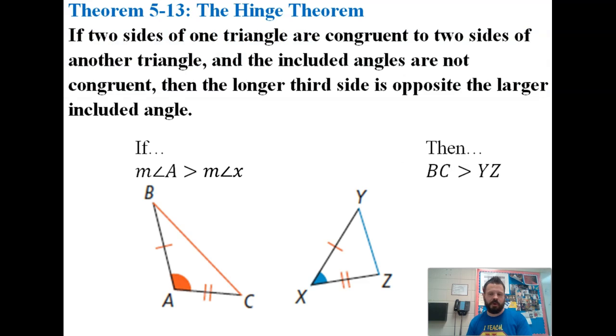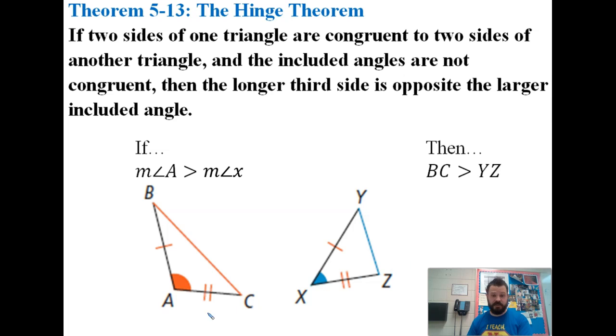The big theorem we're going to be dealing with today is what we call the hinge theorem. It says this: if two sides of one triangle are congruent to two sides of another triangle, and the included angles are not congruent, then the longer third side is opposite the larger included angle.